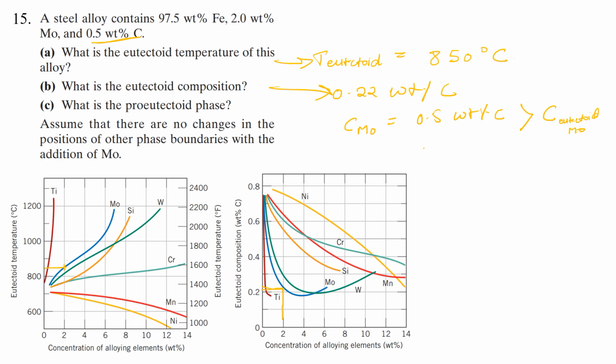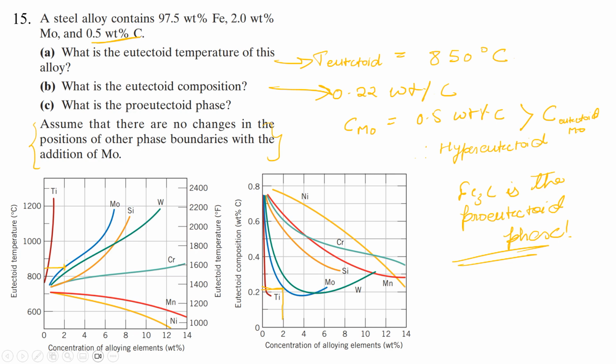Therefore, it is a hypereutectoid case. So in this case, cementite should be the proeutectoid phase. Assume there are no changes in positions. So these are the assumptions that we have been provided with. So this is the answer.